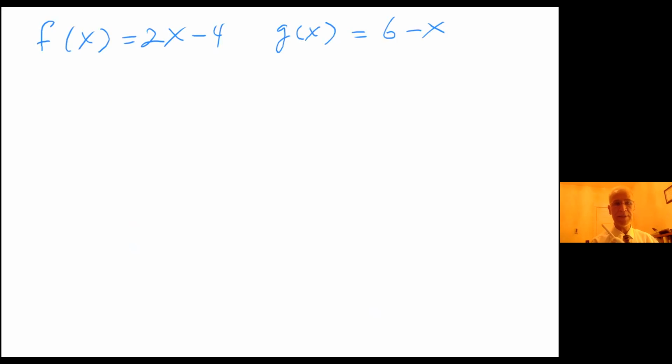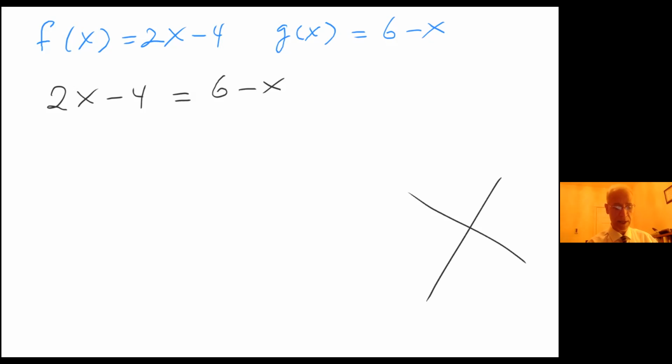And we want to find that point algebraically. I'm going to set f and g equal to each other: 2x minus 4 equals 6 minus x. Once again, at the point of intersection, both f and g have the same height, same y value.